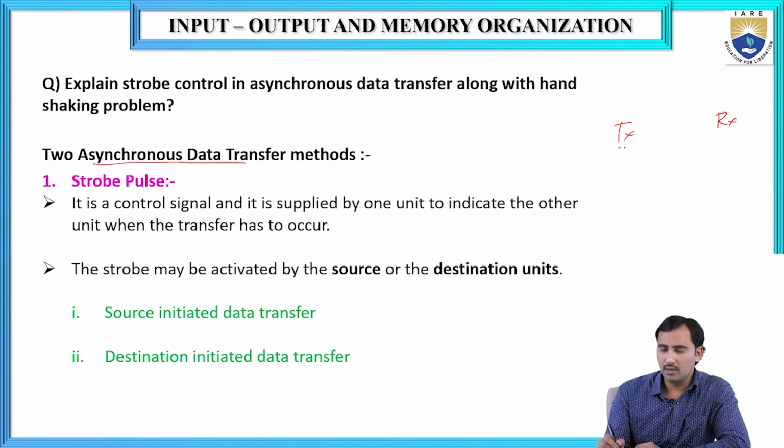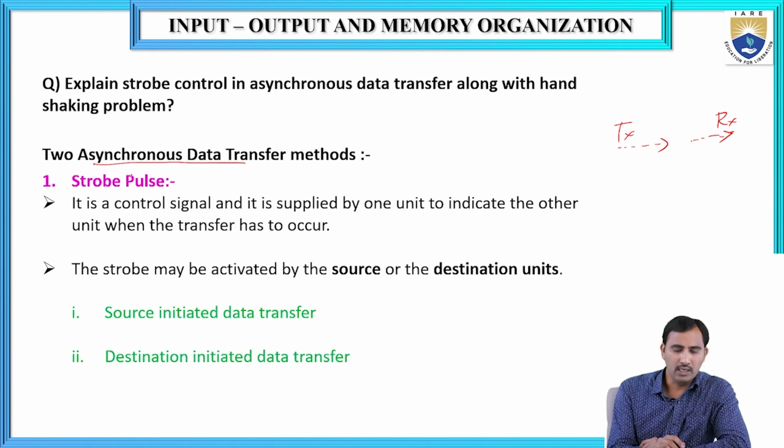From the transmitter, we transmit the data at one point of time, and after some time, the receiver receives the data. That is called asynchronous. That means the transmitter and the receiver are not transmitting and receiving at the same time. After some instant of time, the receiver will receive that data. So it doesn't require any synchronization.